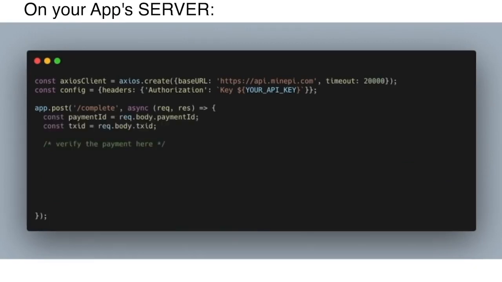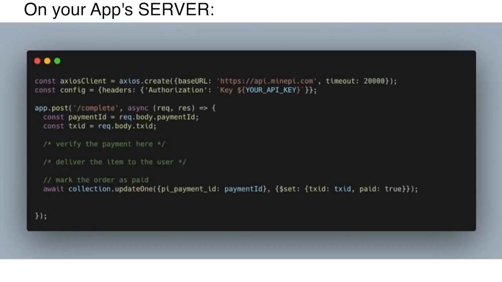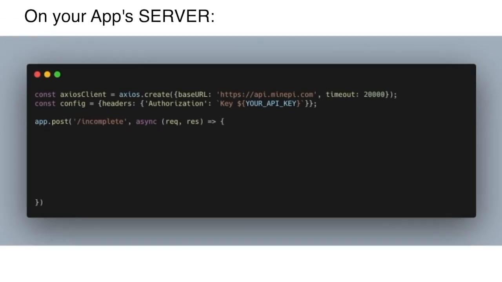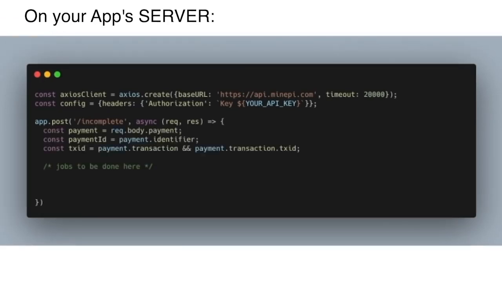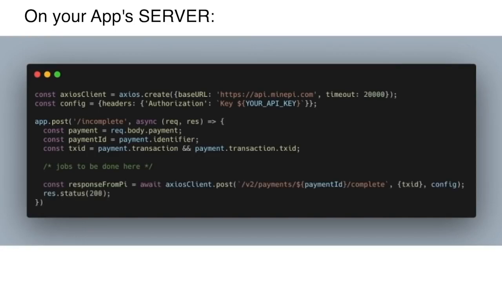You can verify the payment if you want, deliver the item to the user, mark the order as paid, and complete the payment by hitting the complete endpoint. We shouldn't forget the incomplete route. Process the incomplete payment and hit the complete endpoint. Although I'm skipping here, don't forget to handle the cancel route as well.